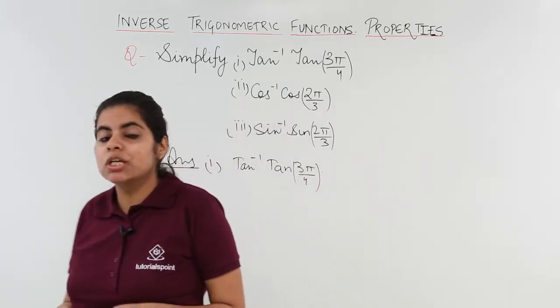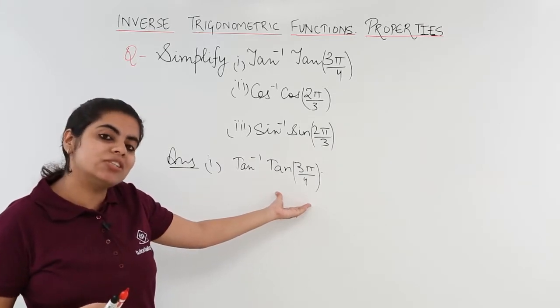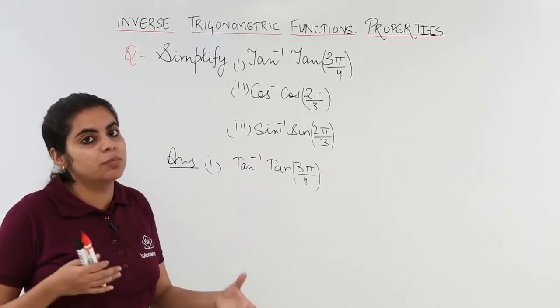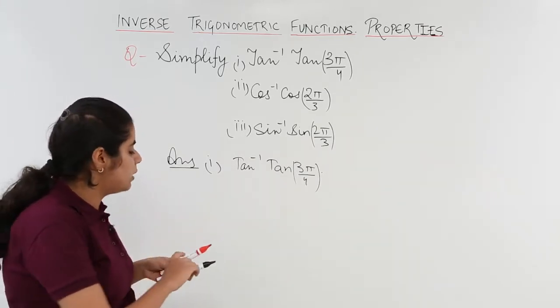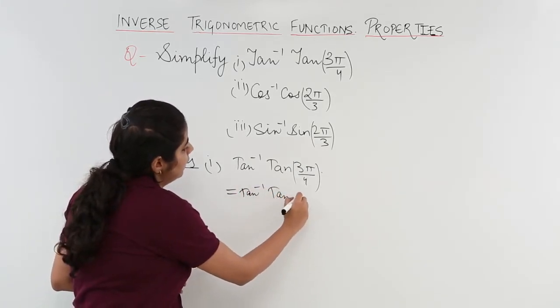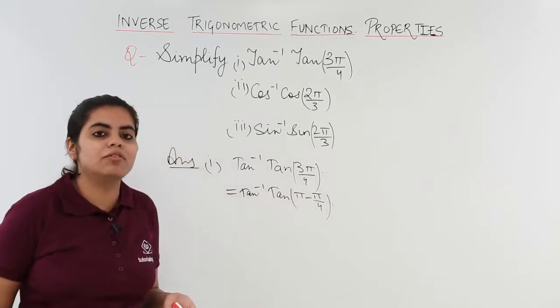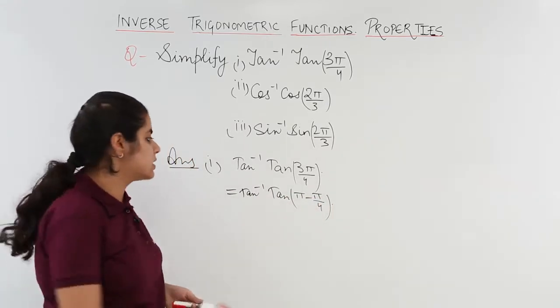What to be changed? Change should be made to 3 pi by 4 such that the angle lies in the principal value branch. So 3 pi by 4 can actually be written as pi minus pi by 4. Now what is tan 180 minus theta? It is minus tan theta.